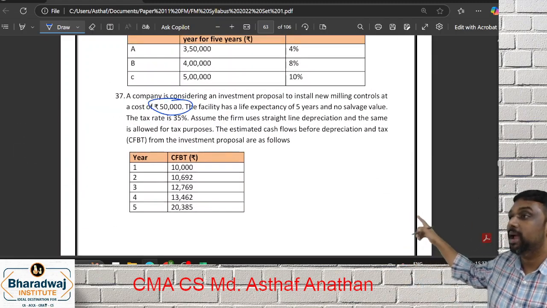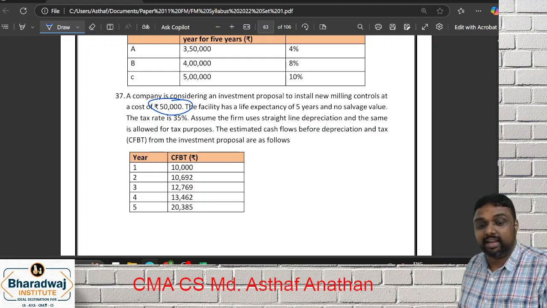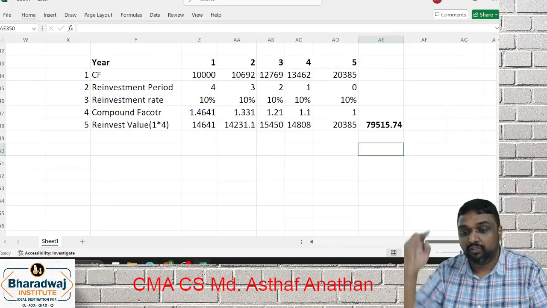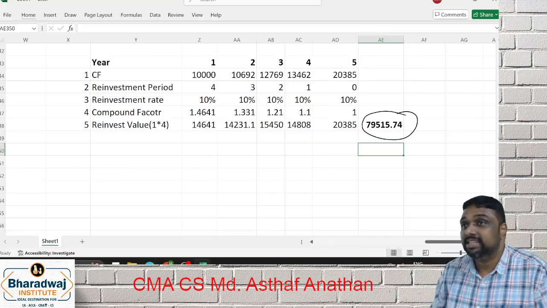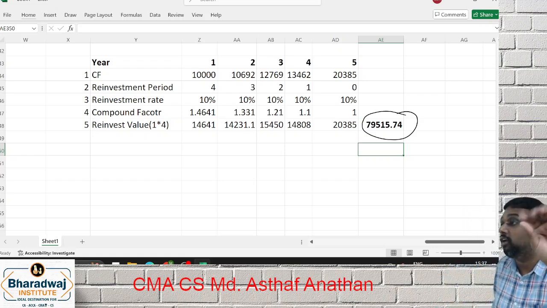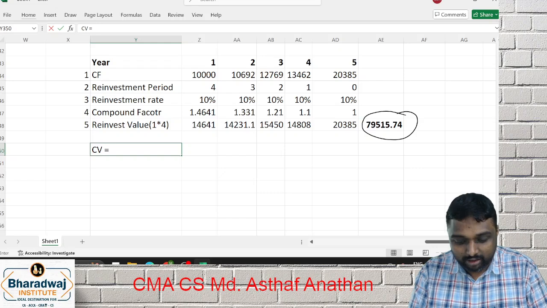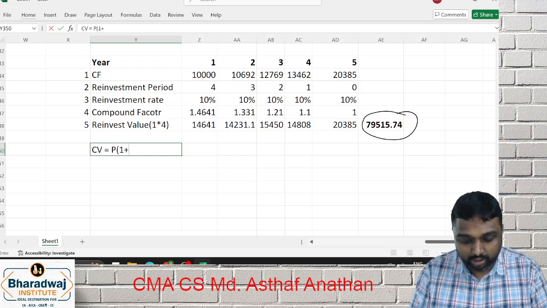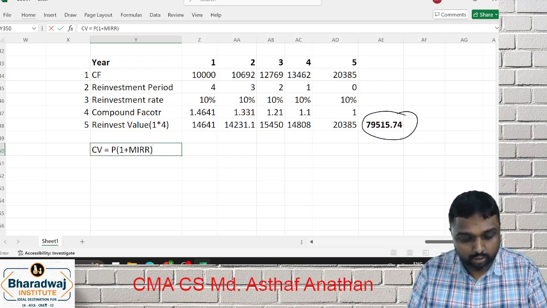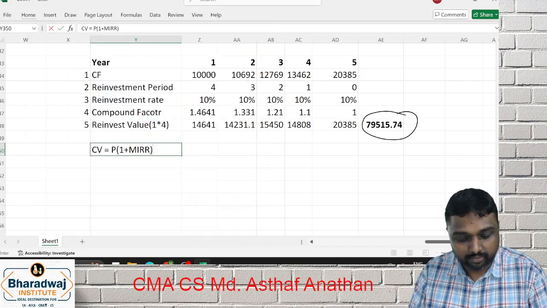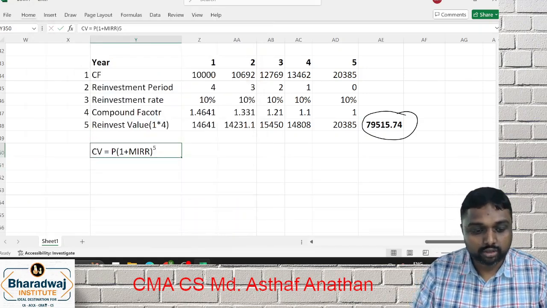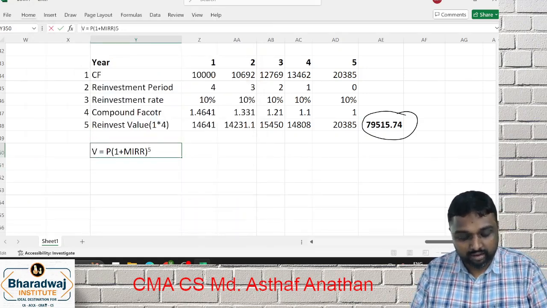MIRR is the rate of return which converts your 50,000 into 79,000 over a period of 5 years. Otherwise, we can say cumulative value is equal to present value into MIRR, into power of how many years, friends? 5 years.